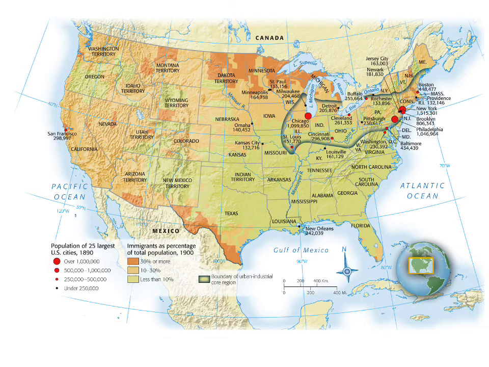Now let's take a moment and look at this map in some detail. This is 1900. The main thing I want you to focus on is immigrants as a percentage of total population. And this isn't done so much by states as we saw before, but by areas within the United States. If it's dark brownish color, that's 30% or more of the total population being immigrants.